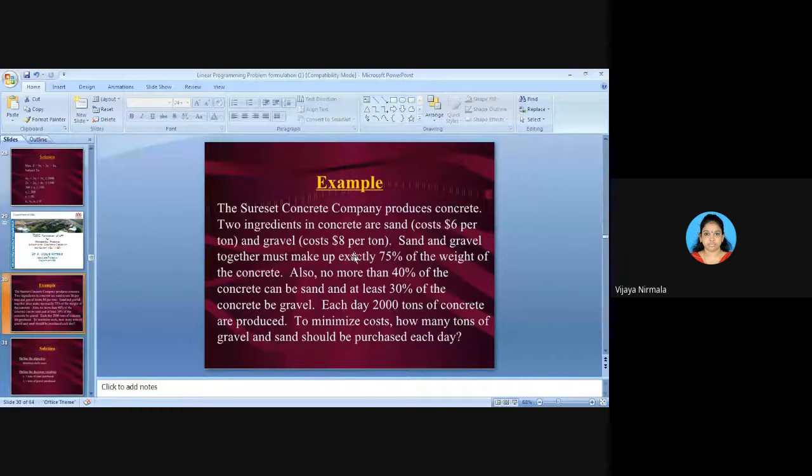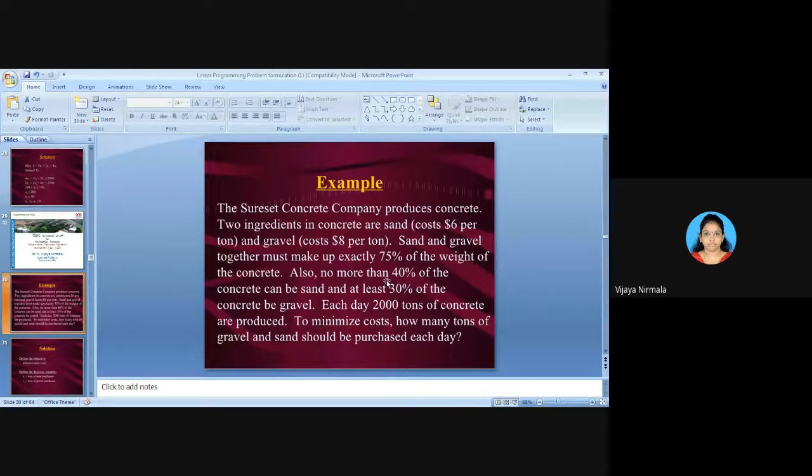Next line: the sand and gravel together must make up exactly 75% of the weight of concrete.